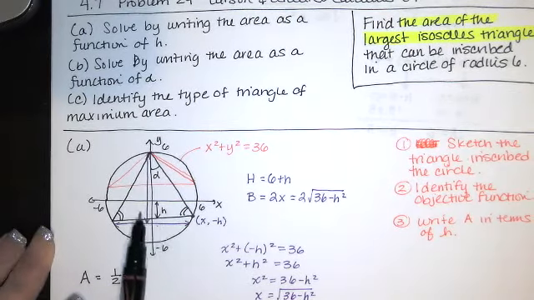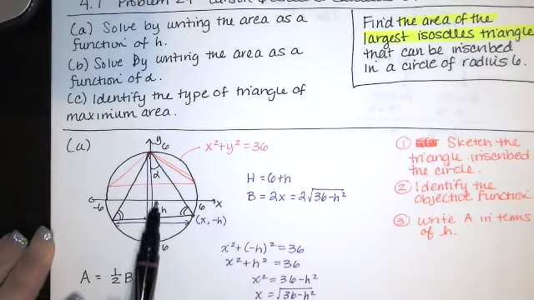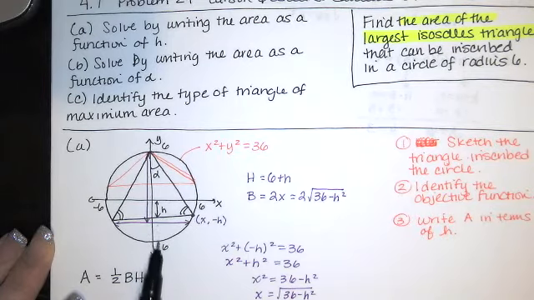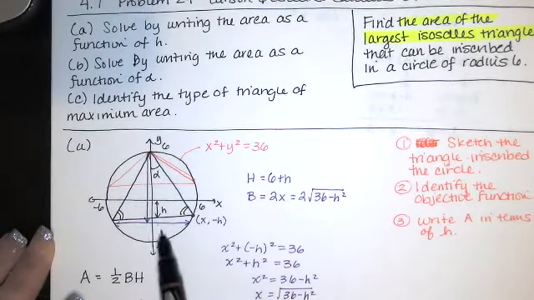Since this bottom edge of the triangle has to go below the x-axis, we're saying that H has to be positive. But H can't be greater than 6, because if H were greater than 6, we'd be going outside of the circle, and that doesn't make any sense. H can't even equal 6, because if H were equal to 6, we just have a line going up and down. We wouldn't even have a triangle.